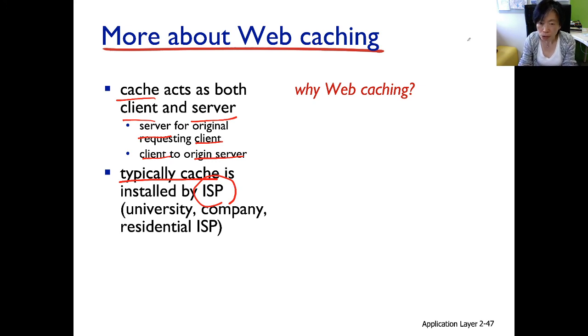Now, let's go through a few examples to detail why we use web caching. Local cache, nice, reduces delay, reduces bandwidth. Through this set of examples, let me take you through the benefit of doing web caching. In a nutshell, a lot more delay and a lot more bandwidth saving.